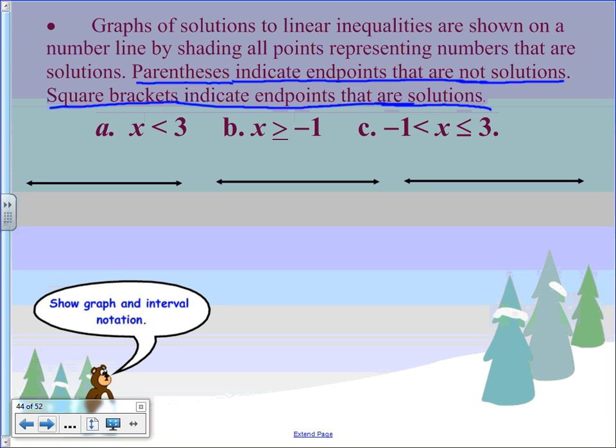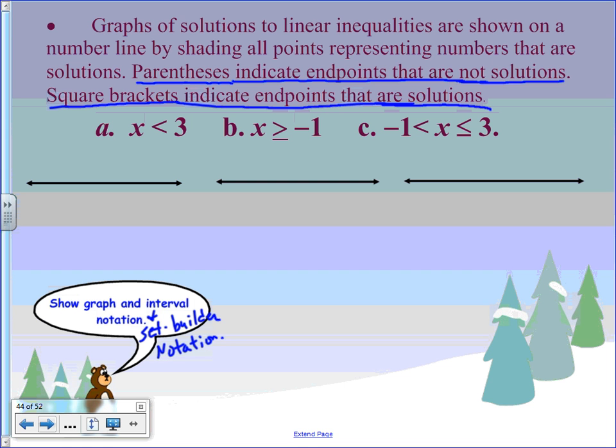And I'm going to write set builder also. I'm assuming you're still writing those two sentences up there. Parentheses indicate endpoints that are not solutions. Square brackets indicate endpoints that are solutions.